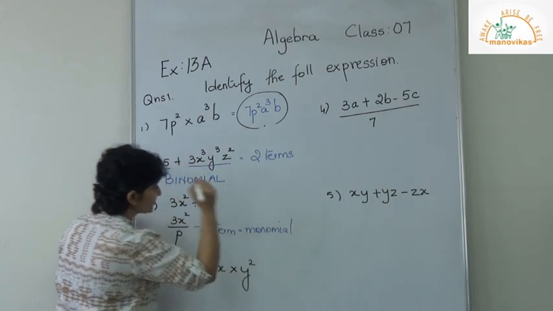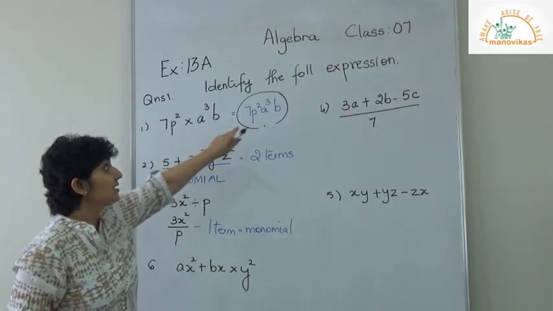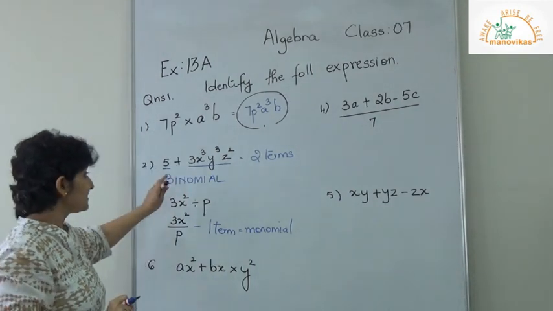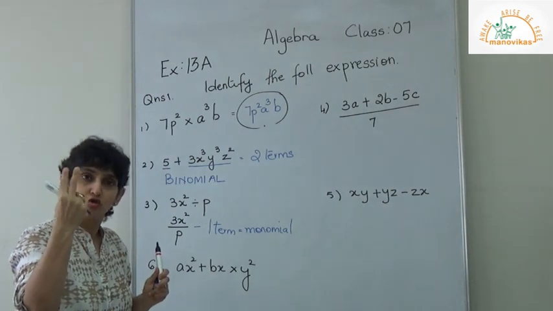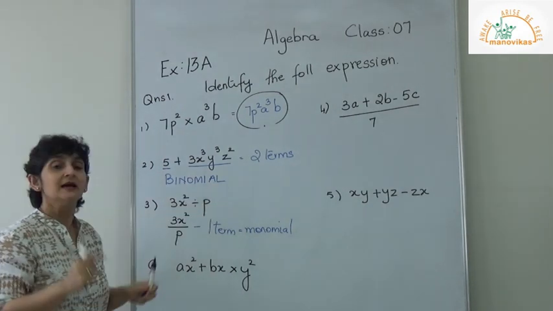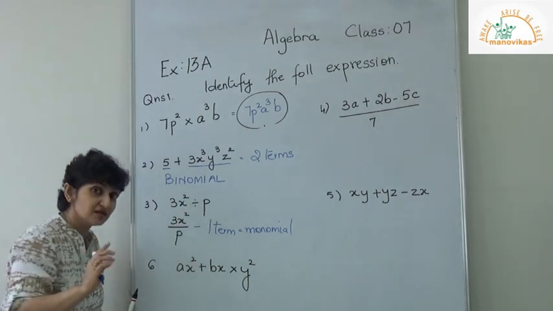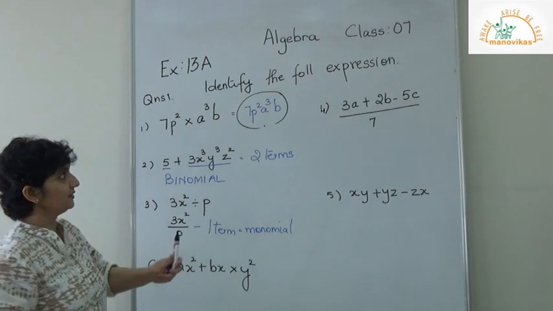This algebraic expression is a monomial. So the first one, one term, so it is a monomial. Second one, it is separated with a plus. Two terms, so it's a binomial. Third one, it's division, so it's one term, so this is a monomial.